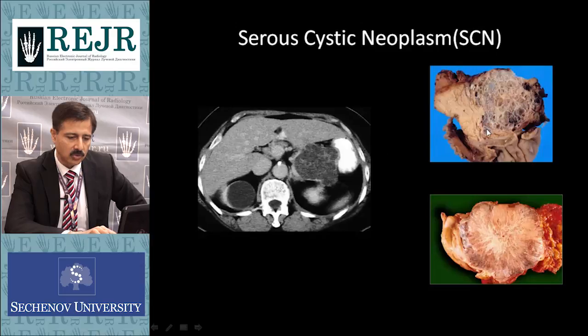This picture tells you that a classical serous cystic neoplasm is sponge-like or honeycomb-like. And another point, this is another example, is that sometimes these lesions have a central scar. This central scar is important to remember because at times it can show calcification, which becomes quite a pathognomonic sign of this tumor.